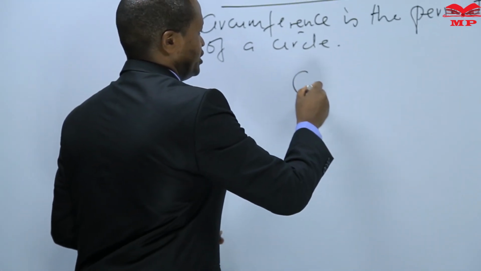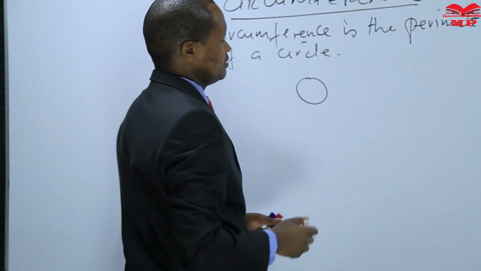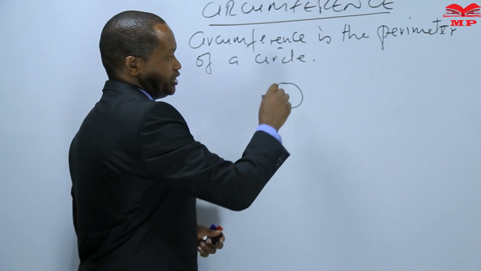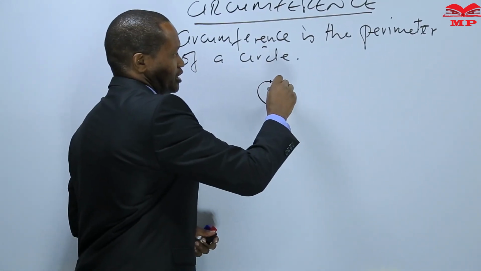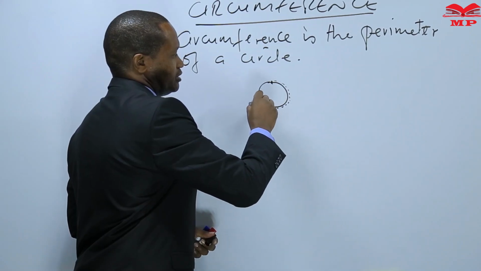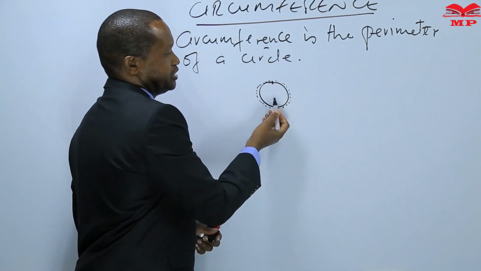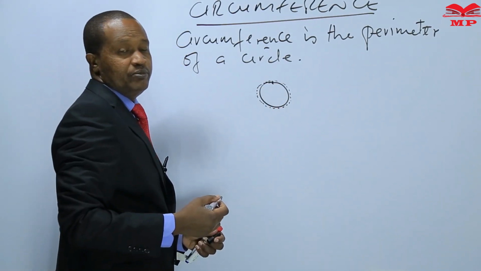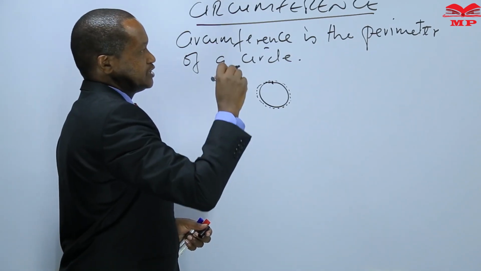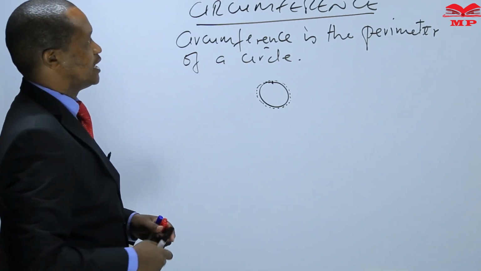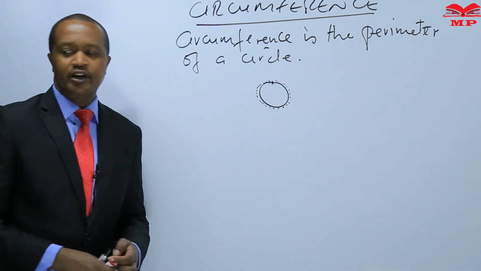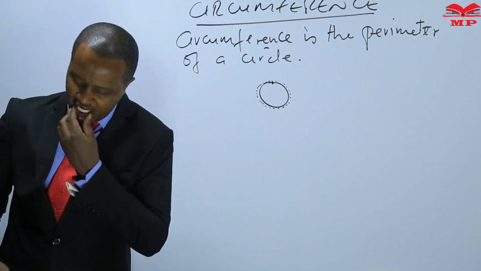Assuming this is the coin, let me draw it. If I was to measure the distance from this point, round it up to this point, then that will be the circumference of the coin. So circumference is the perimeter of a circle.